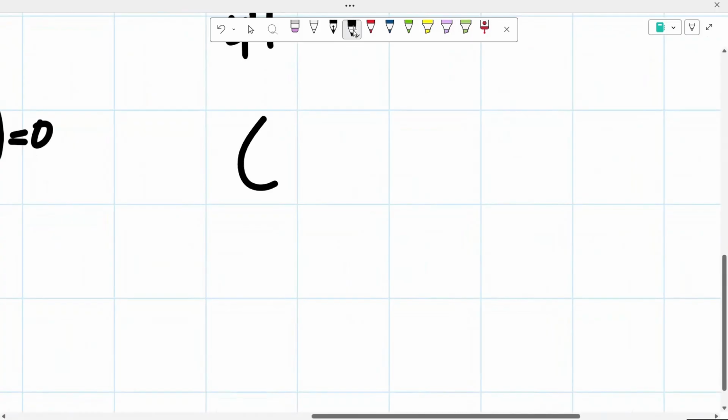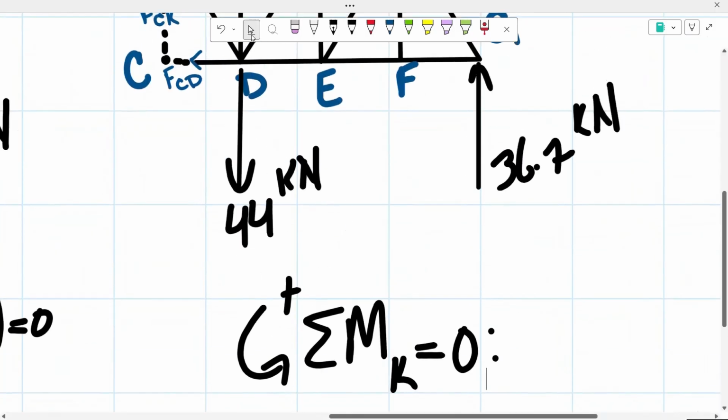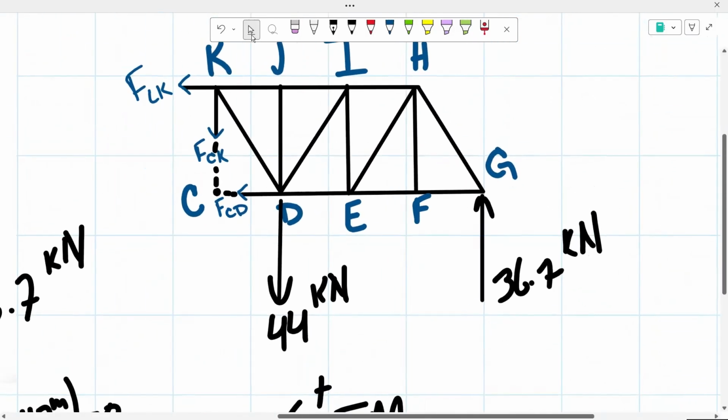So we're going to be taking the sum of the moments about point K. We know that it has to equal 0. From there, we know that our force CD will be creating a moment. It is going downwards from the point to the left, since we assumed that it's in tension.